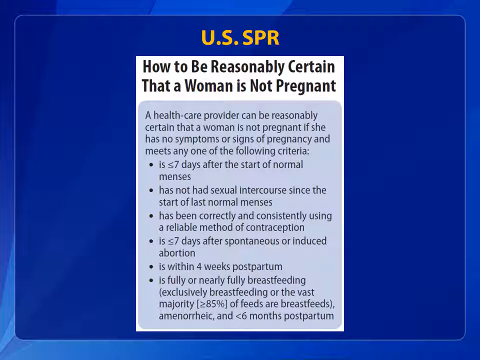Several studies have been conducted comparing the negative predictive value of this criteria with a pregnancy test. These studies all showed a negative predictive value of 99 to 100%. This means of the 100 women who had a negative result according to a pregnancy checklist, 99 to 100 of them were not pregnant according to a pregnancy test.